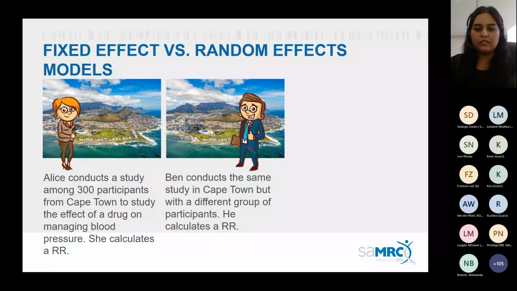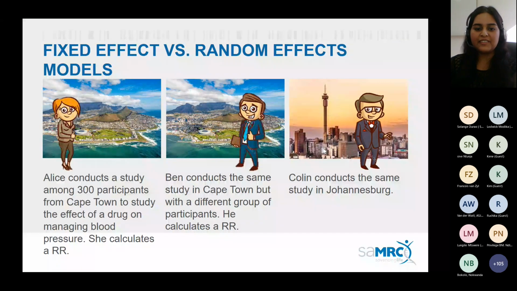So if Colin conducts the same study in Johannesburg, what do you think about his risk ratio? Would it be the same, similar, or completely different from Alice and Ben's?